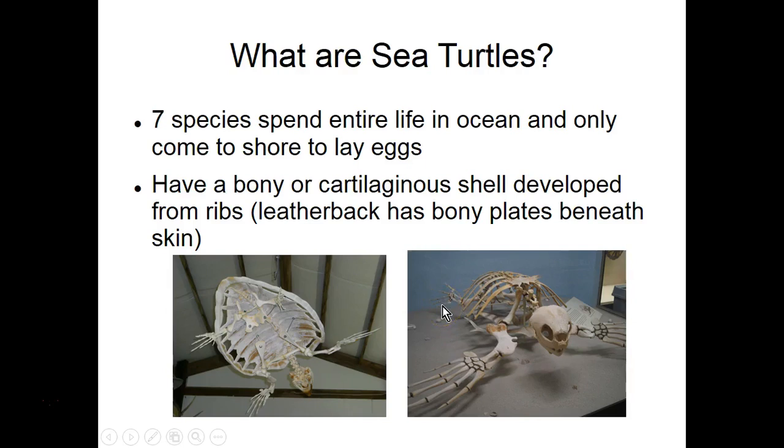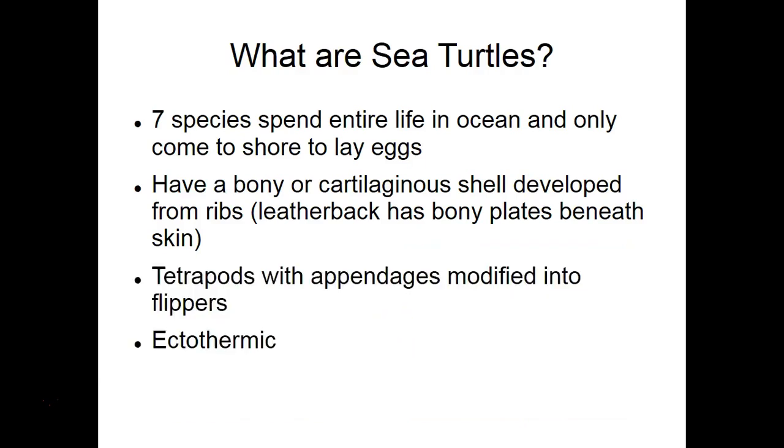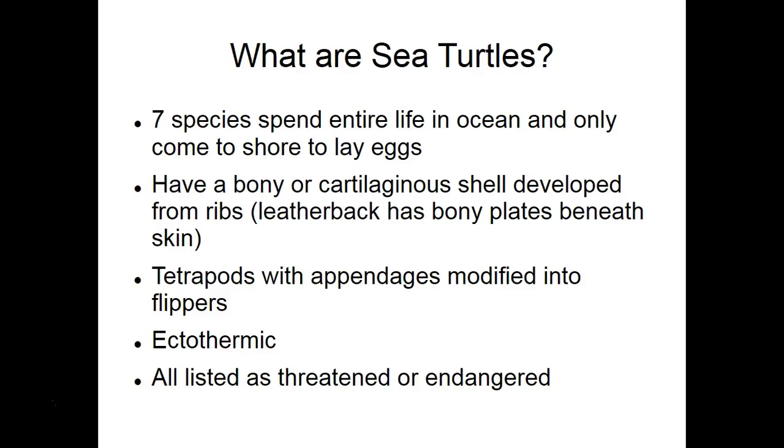That makes it so that they are very good at swimming in the water, but they're not as good at moving on land. They are ectothermic, like fish are, right? So their internal temperature is mostly based on the external environment that they're in, and they are all listed as either threatened or endangered.